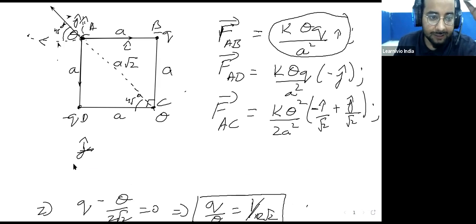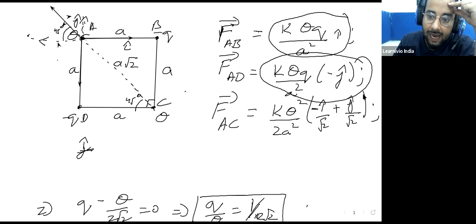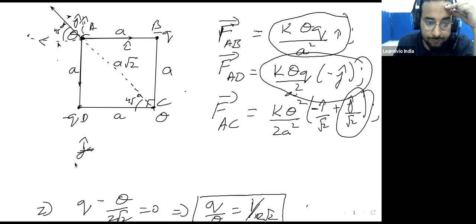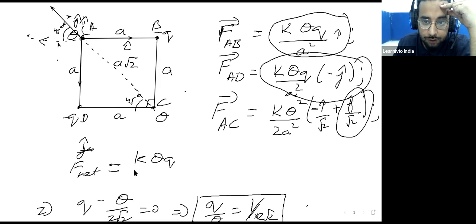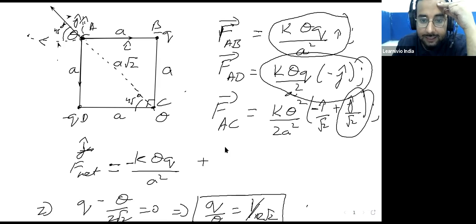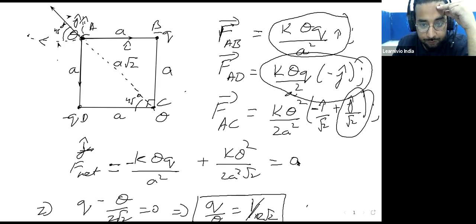Okay, so let's see what is happening along the j direction. Along the j direction, you have FAD and one of the components of FAC, correct? So the net force along this direction is going to be negative KQq over A squared, plus KQ squared over 2A squared root 2, which is equal to 0.